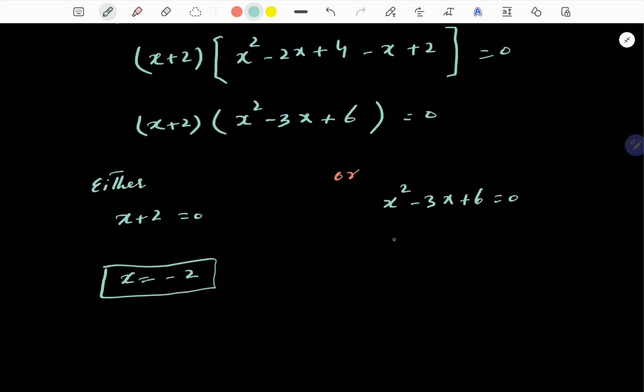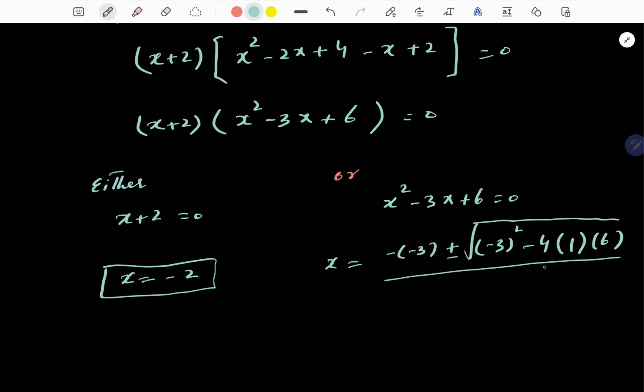We will use the quadratic formula, for which x is equal to minus b, here minus of minus 3, so 3, plus minus square root of 3 square minus 4 into 1 into 6, over 2 into 1.